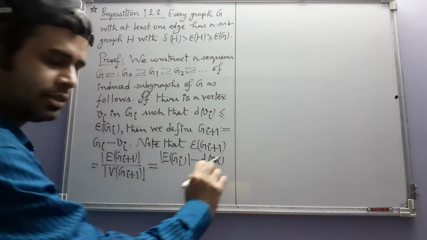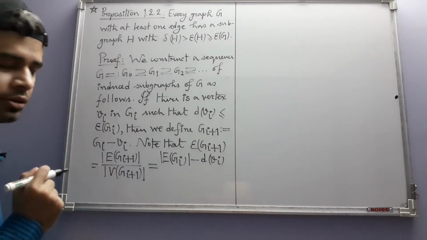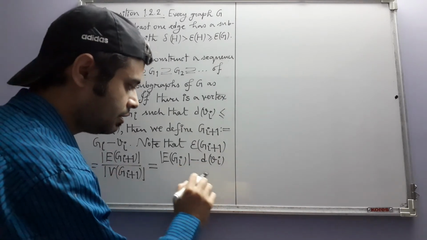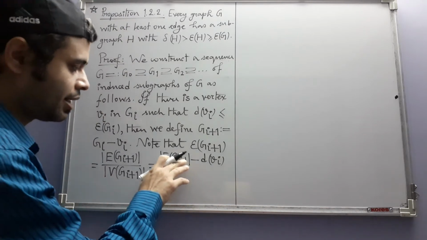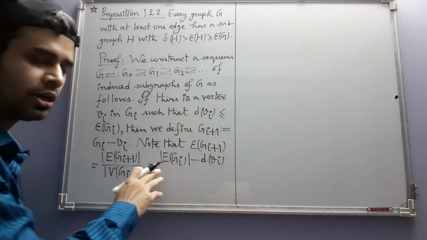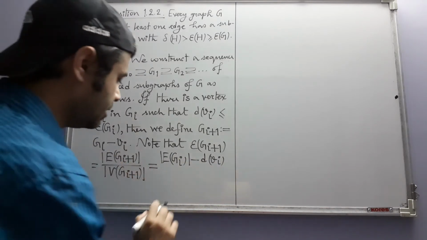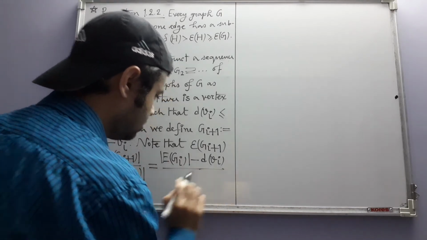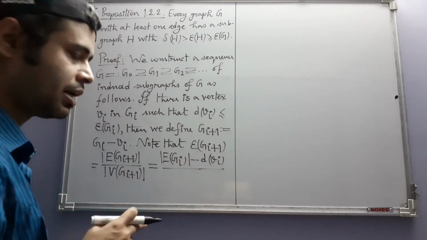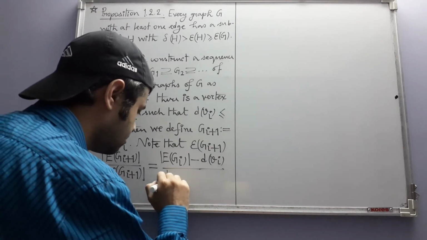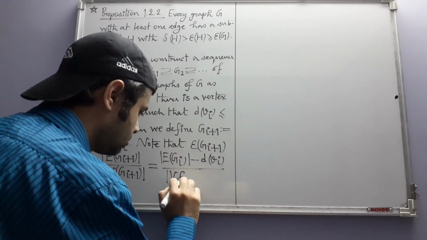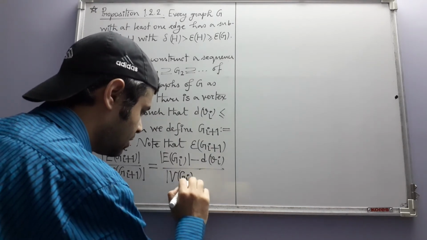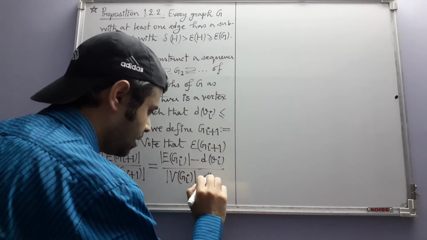How many edges are incident on Vi? By definition, that is the degree of Vi. So that has to be subtracted from the total number of edges in the original graph Gi. And we are having one vertex less, so the number of vertices in Gi minus 1.